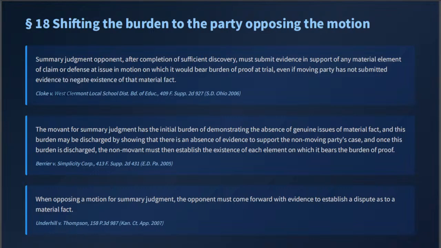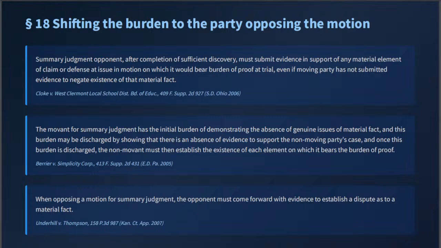And that's from Cloak versus West Claremont School District Board of Education. So that's an interesting one there. The opponent must submit evidence in support of any material element of a claim or defense on which it could bear the burden of proof at trial. So those facts now need to be used as part of the response against that summary judgment.